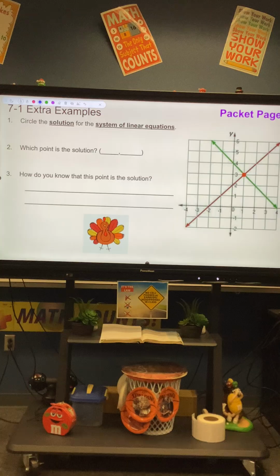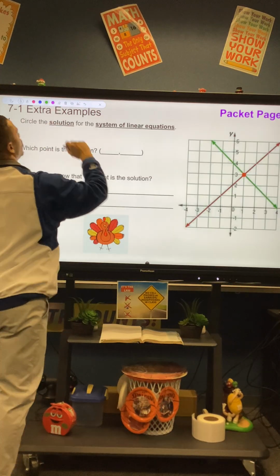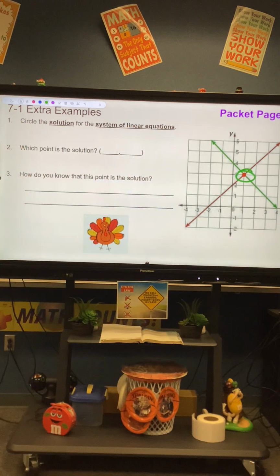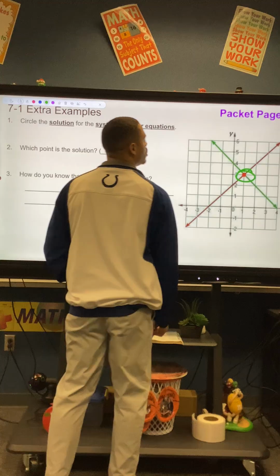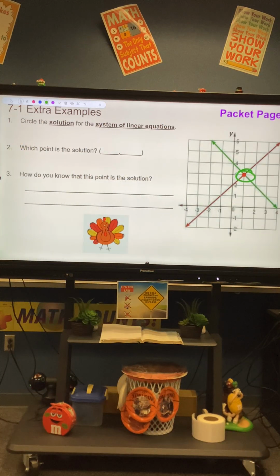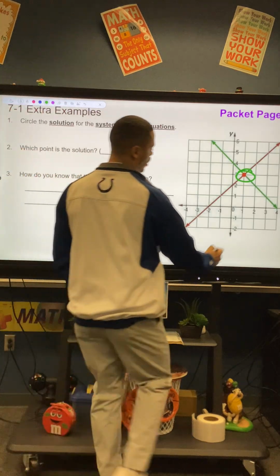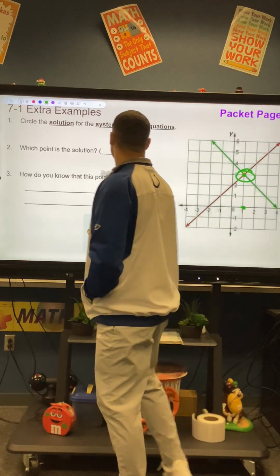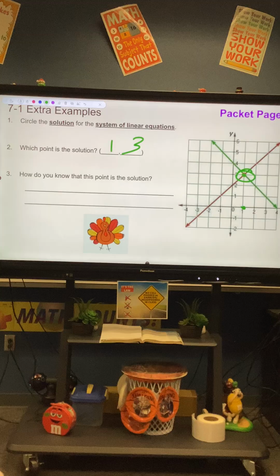So like we've already talked about, we're gonna circle the solution. So it's this big red dot on my screen; on your paper, it'll be a nice gray giant dot. What's that point at? Remember, it's positive because they're all up above. It's in our first quadrant, so both numbers should be positive. I know it's a little hard to see, but I go to my right 1, my x, and then I go up 3. So my solution is at (1, 3).